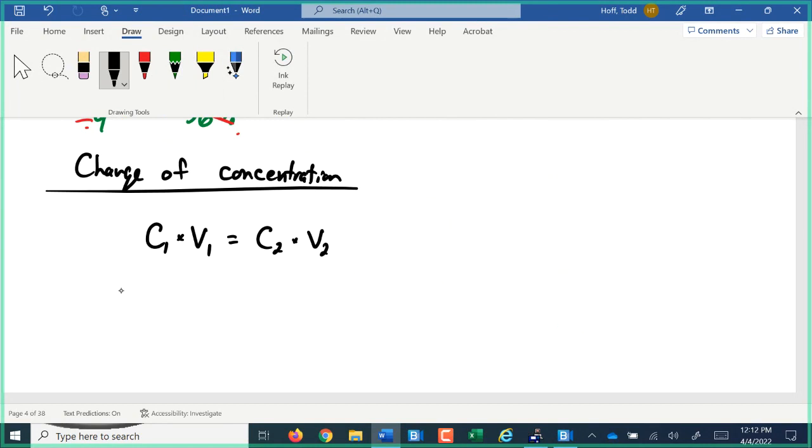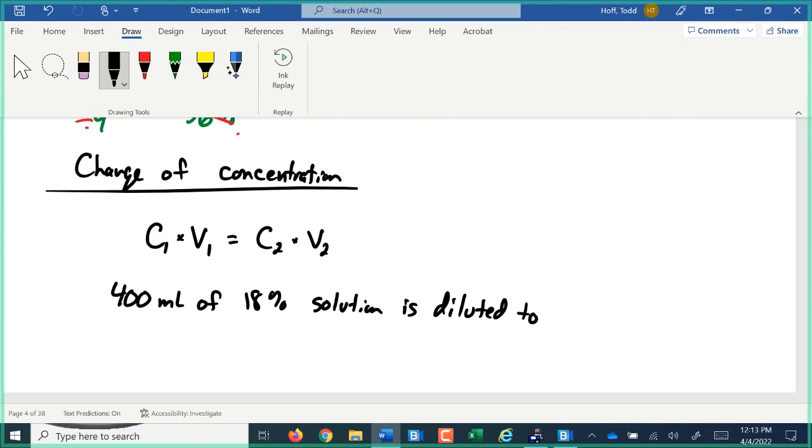So if we have 400 milliliters of 18% solution diluted to 1,000 milliliters, find the new concentration.